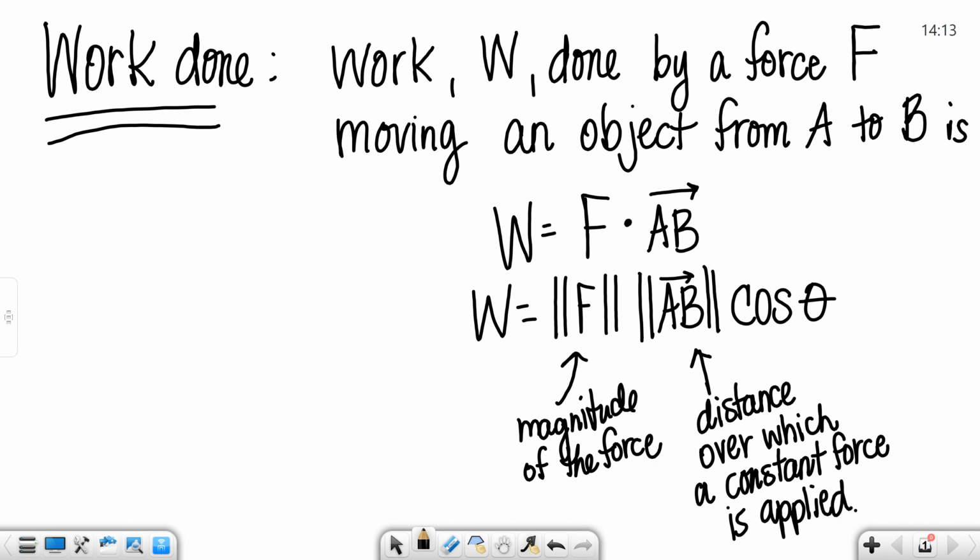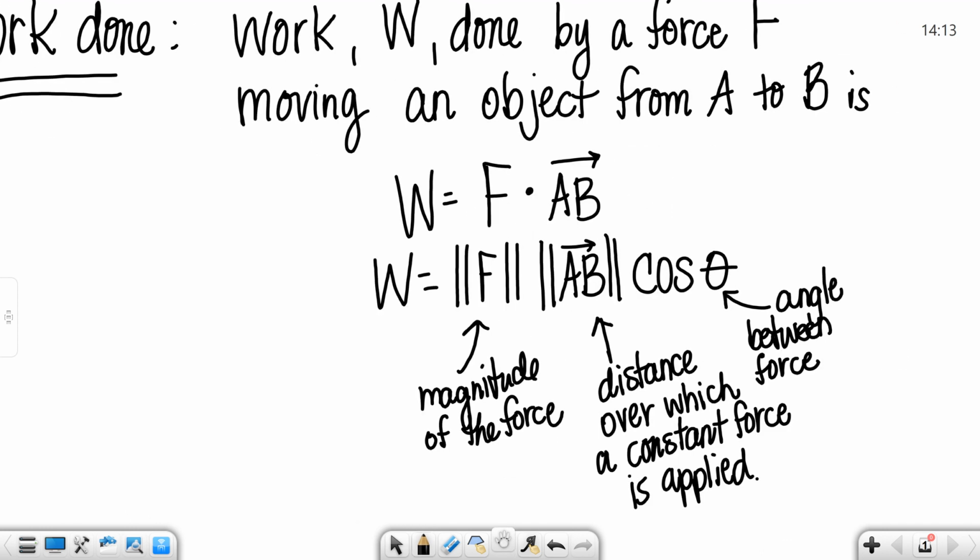Don't tune me out if you're not interested in physics. We can all do this. And theta is the angle between the force and the direction of motion.